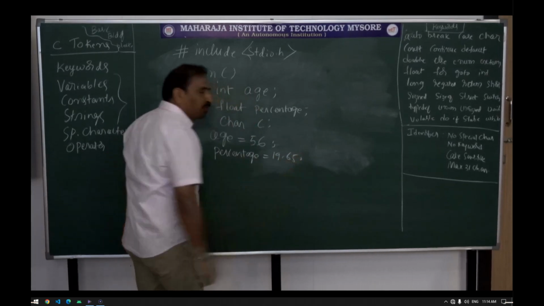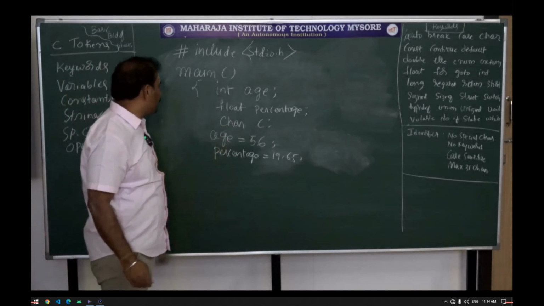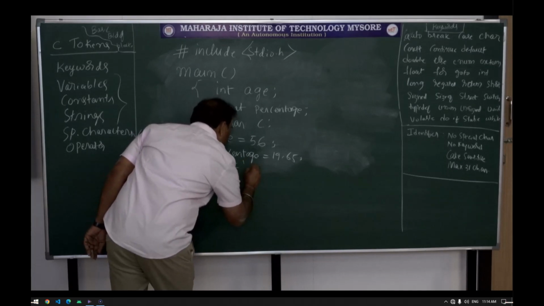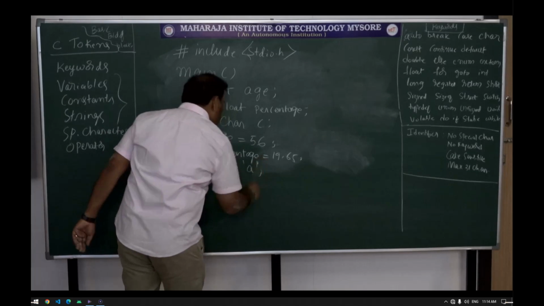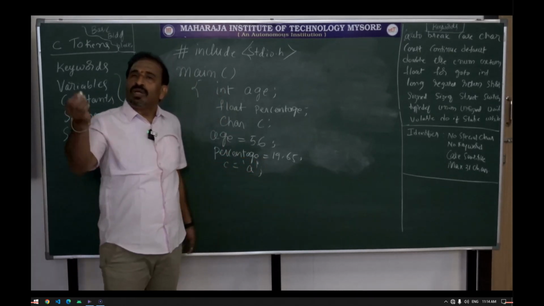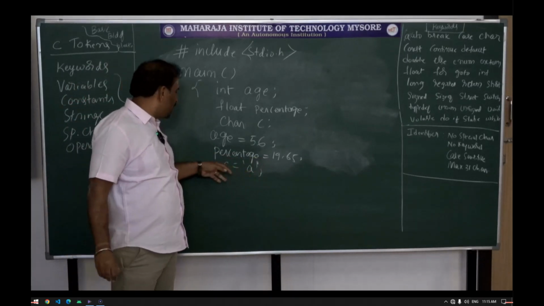This fellow has failed because to pass you require at least 35%. He has failed. So c is equal to, I am using single quotes, 'A'. To write any character we use single quotes. So A is assigned to c.